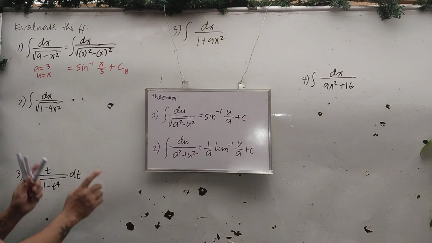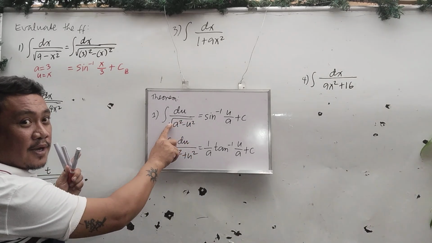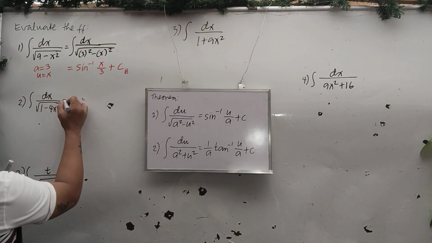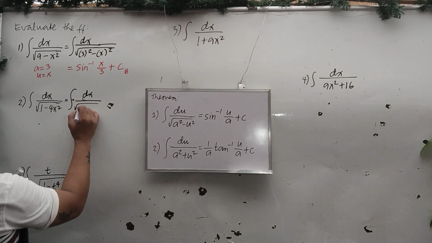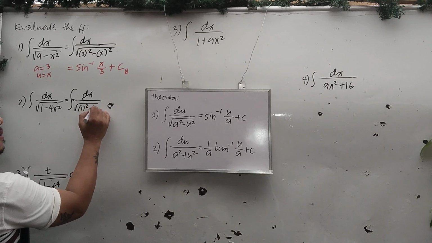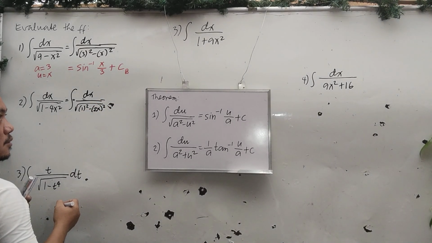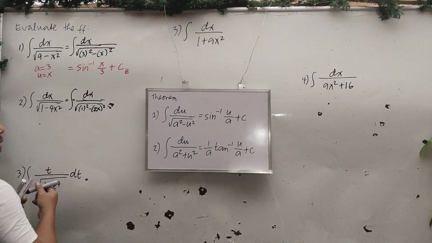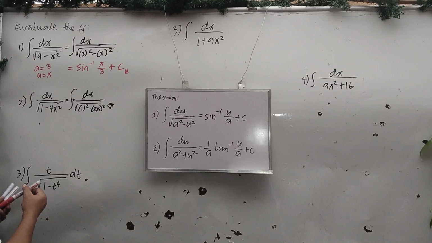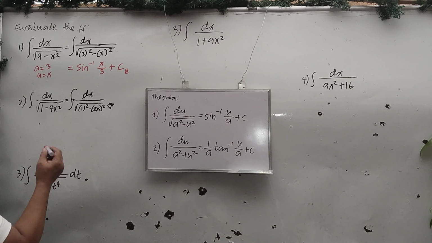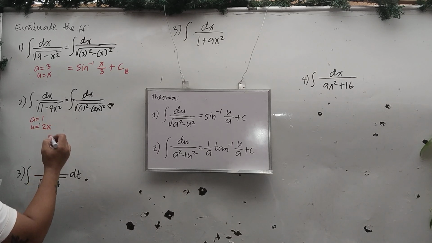To avoid confusion, write the radical in terms of squares. So we can write this as dx over the square root of 1 squared minus 2x squared. Then identify your a and u. Your a is 1, your u is 2x.